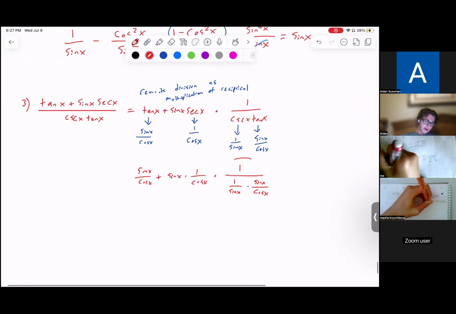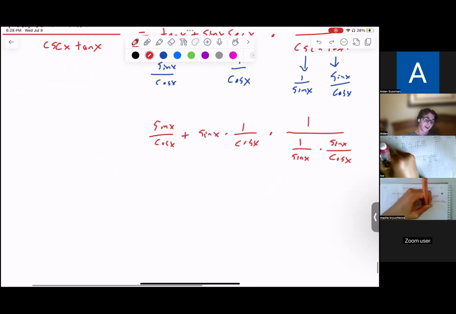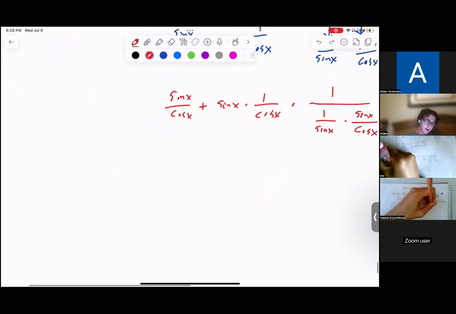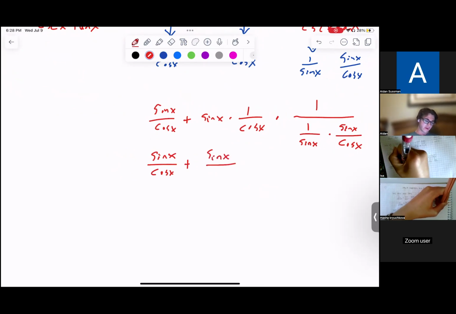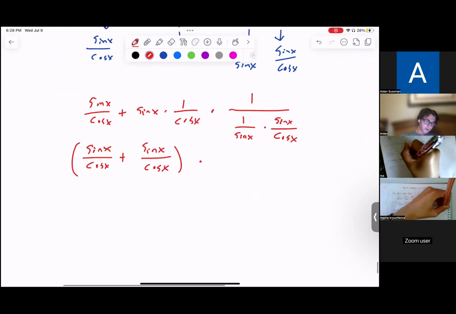And all right, I have kind of a messy fraction here, which we'll fix in a second. But look at this right here. We have sine of x over cosine of x. And this guy, I'm just going to put on top. That's also sine of x over cosine of x. And this whole thing is being multiplied by, well, this and that cancels out.